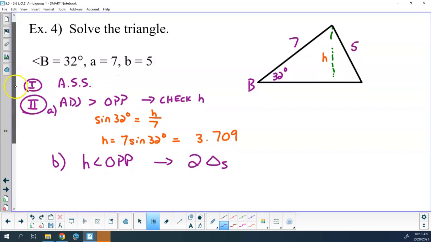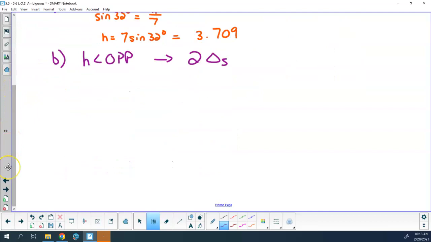Here we go. So my first triangle, I have a complete pair, yes? Okay, so let's go with it.